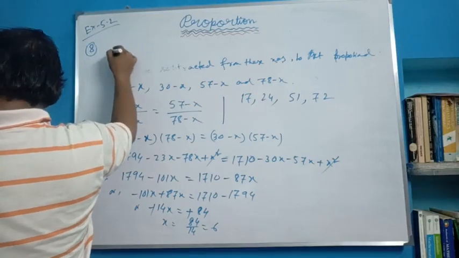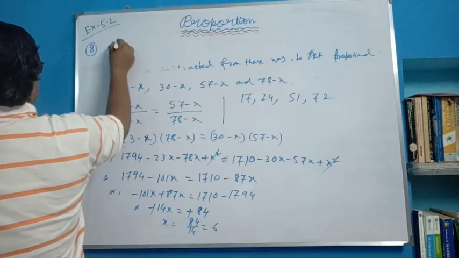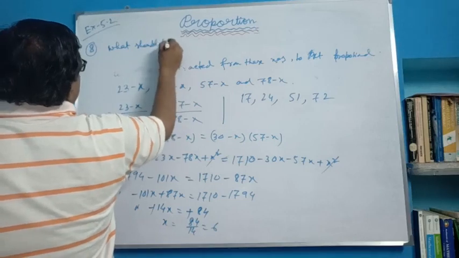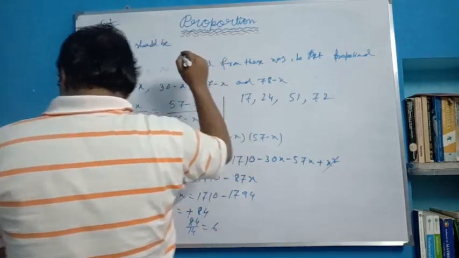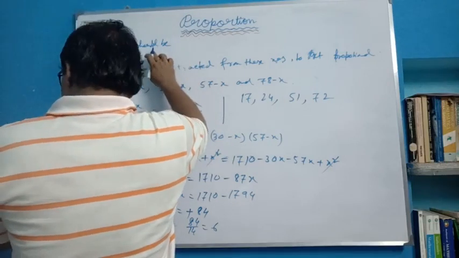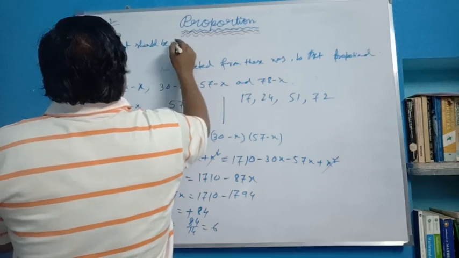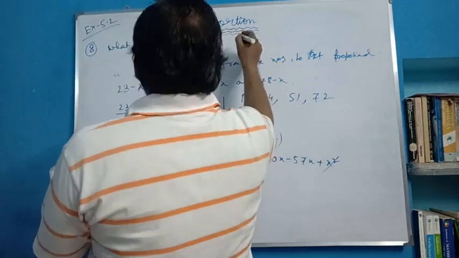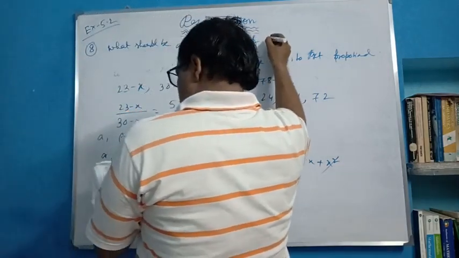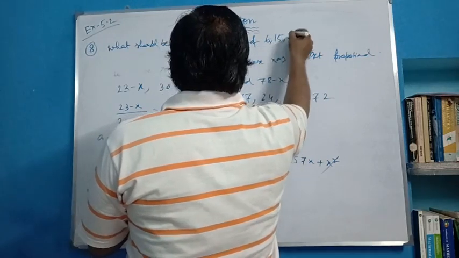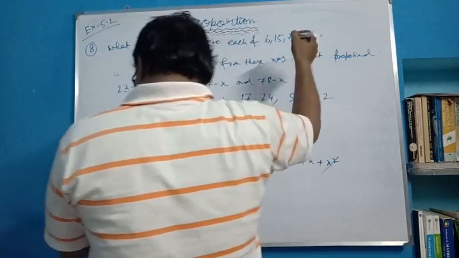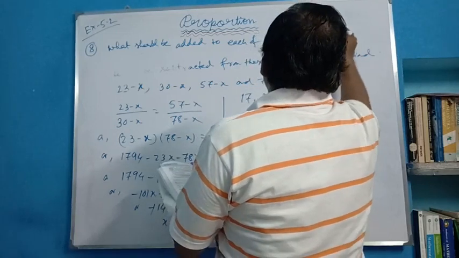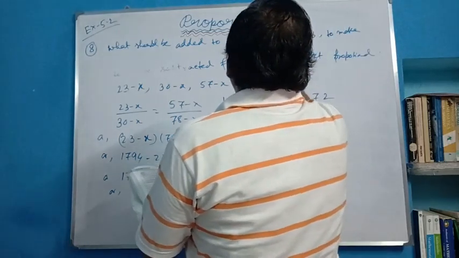What should be added to each of 6, 15, 20 and 43 to make the sums proportional?